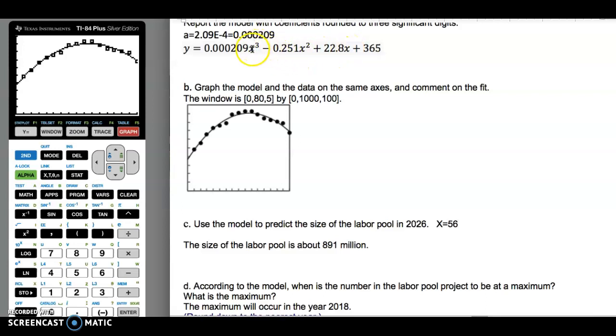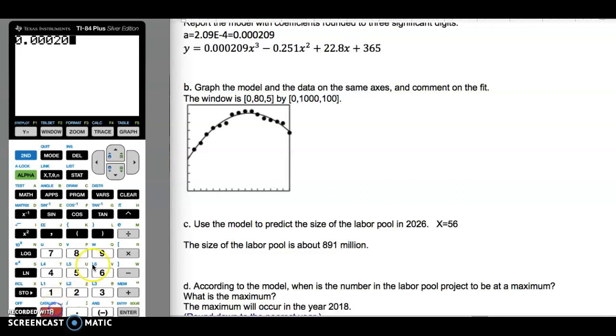So to use the model, the x value is 56. So everywhere you see x, you replace that with 56. So I'm going to go ahead and just clear this out. And I'm going to input x into the model.